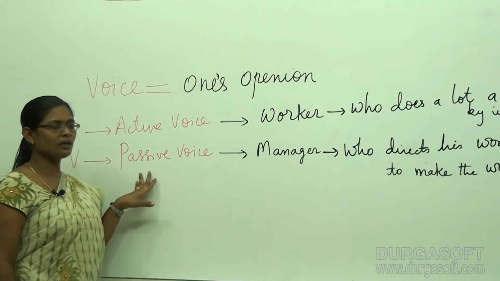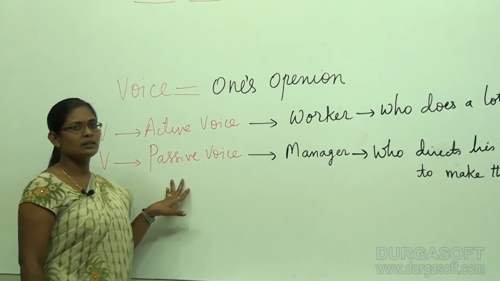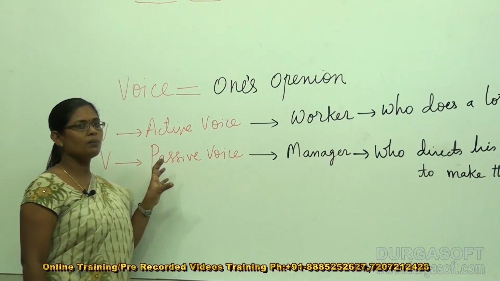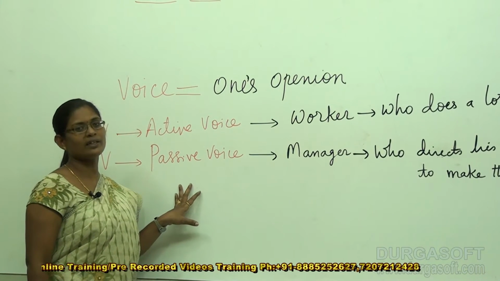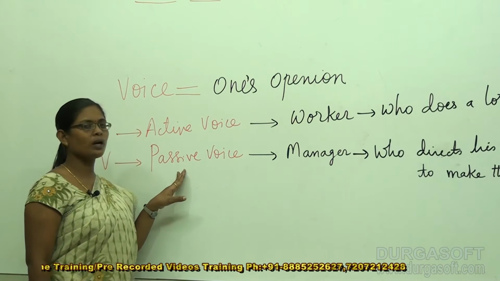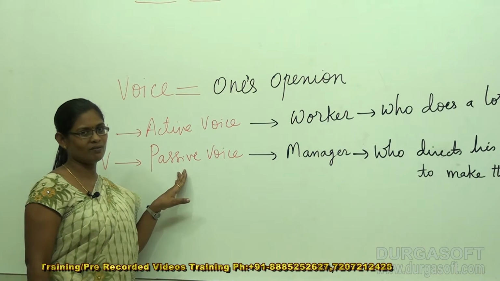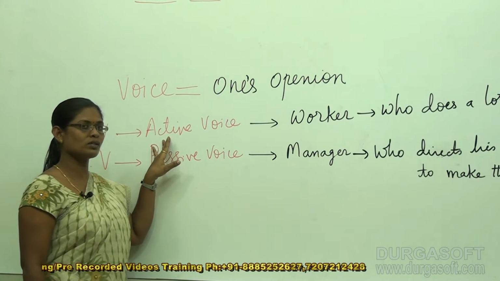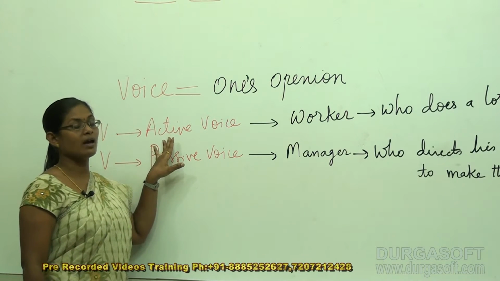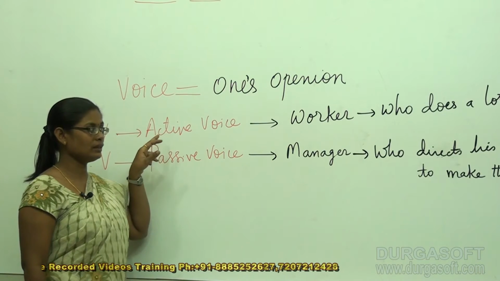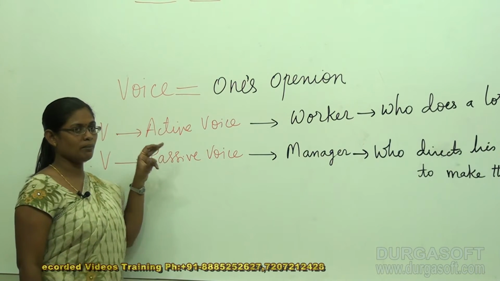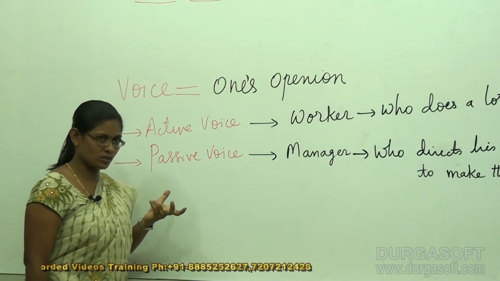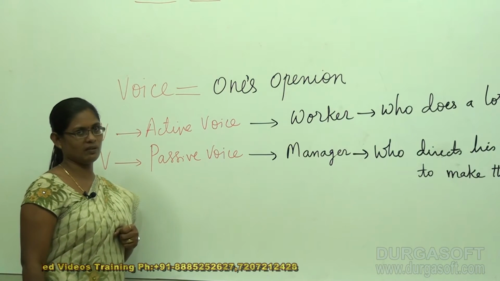That means the helping verb makes the main verb perform its action in the right manner. That is why we call it passive voice, and hence we called the previous voice active voice, because in active voice the main verb performs the work by itself.